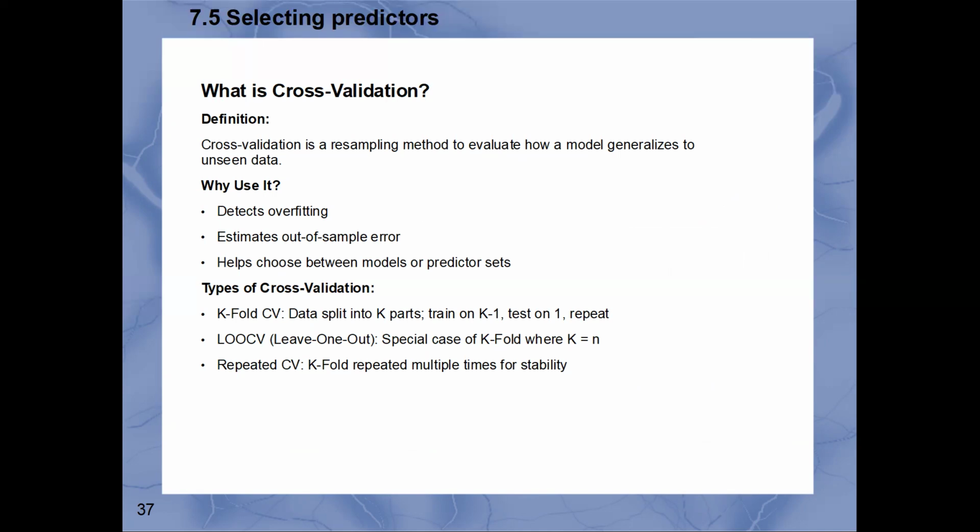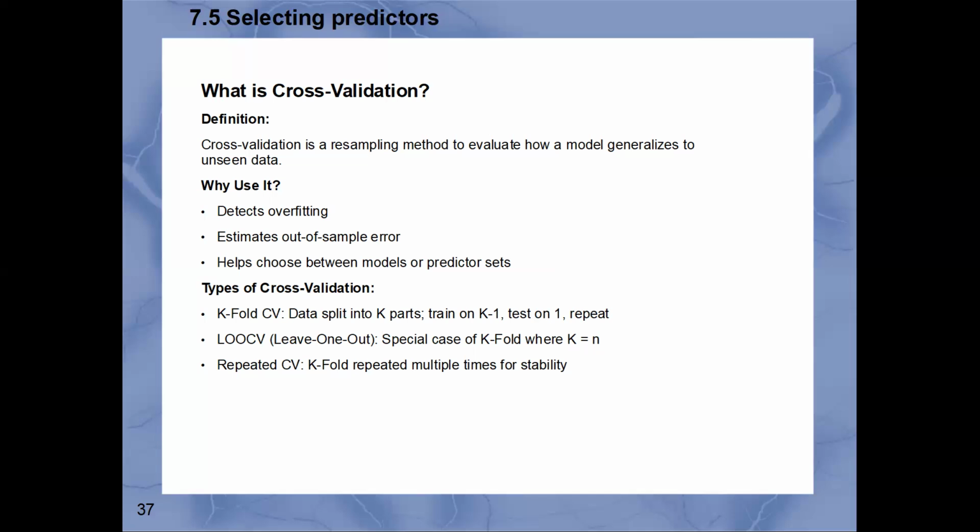So the types of cross-validation: there's k-fold cross-validation, where the data is split into k parts, and you train on k minus 1 parts, and you test on 1, and then you repeat. Or leave one out, which is a special case of the k-fold, where your k is going to be equal to n, the number of observations.